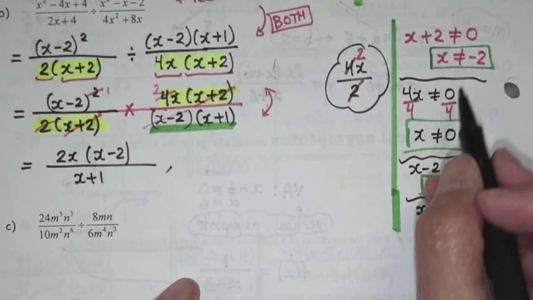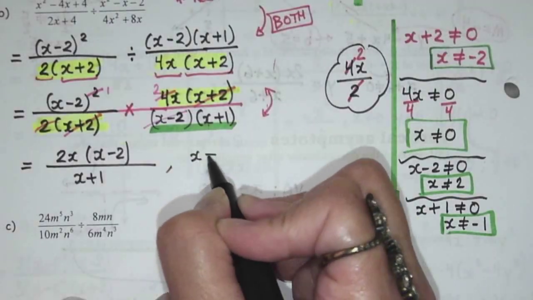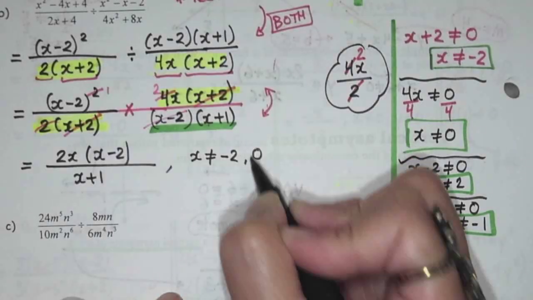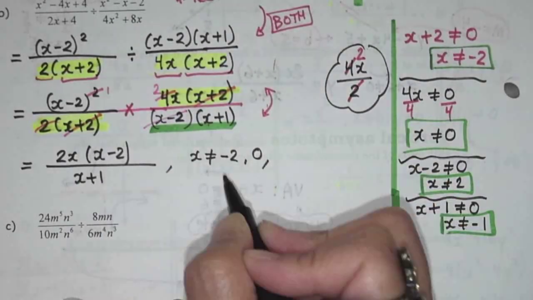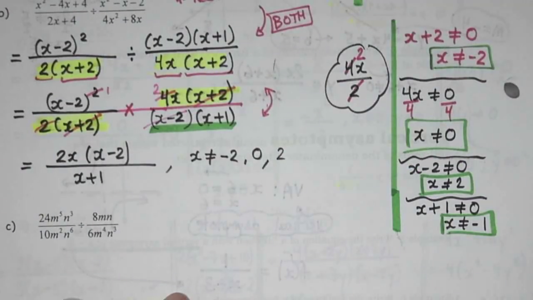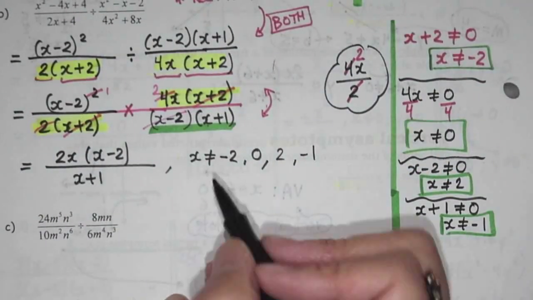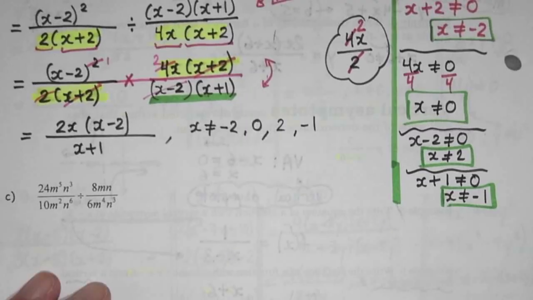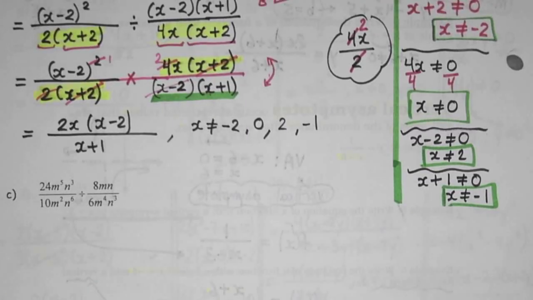I don't care about the order. I want to see the 4 restrictions. So x cannot equal -2, 0, 2. Oh, so I can do plus minus. If you want, you can do plus minus. Up to you. And then -1. So if you do plus minus 2 or 0, yeah, that's fine. Good?